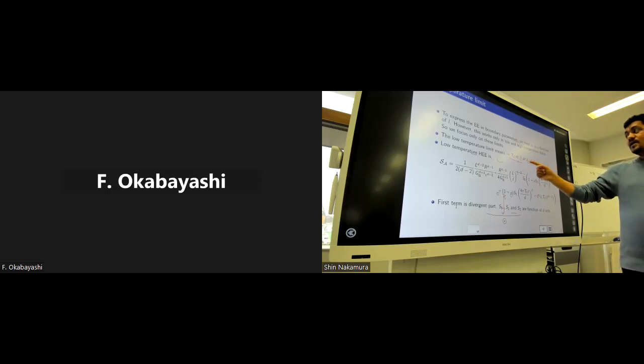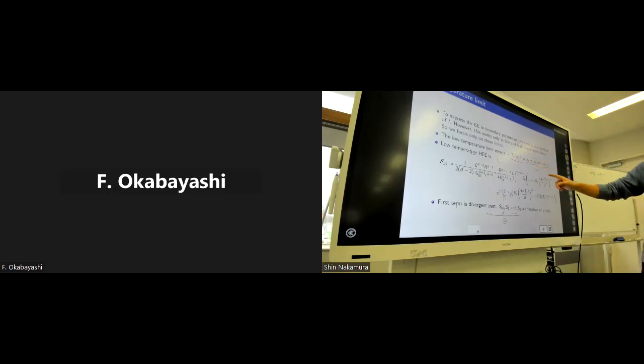So for example, here the RT surface is very close to the boundary, or very far from the horizon. That means you have a smaller width. And if it is smaller, then this part has to be very large. So this T_F is very small in comparison to this temperature scale, so we call it the low temperature limit.